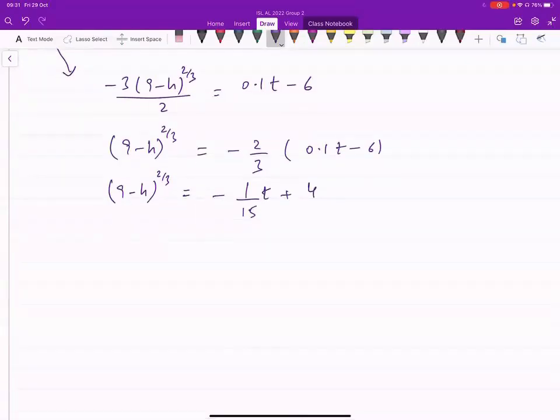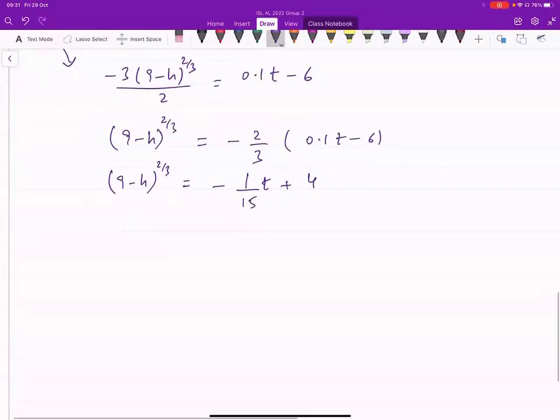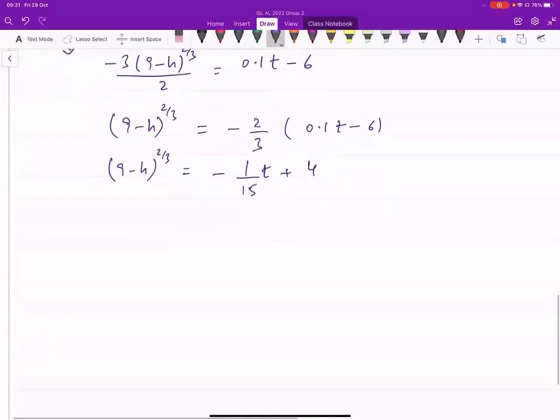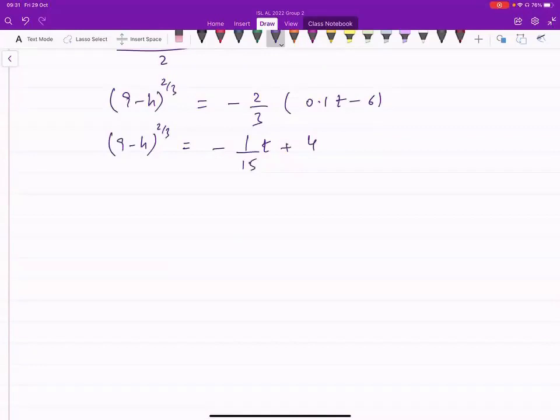Okay. What do we do now? We cube both sides and take power वहां पे दूसरी साइड पे लगा दें. Does that make sense? तो यहाँ पे 2 over 3 पावर थी. हम क्या कर सकते हैं? 9 minus h equals minus 1 over 15 t plus 4. ये पावर दूसरी साइड पे जाके क्या हो जाएगी?